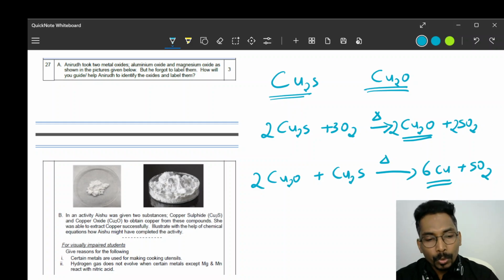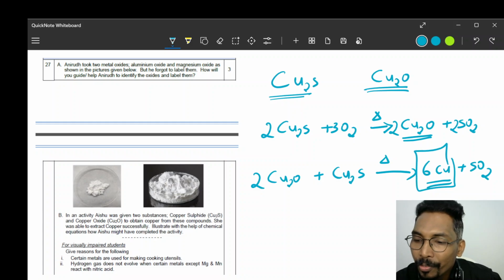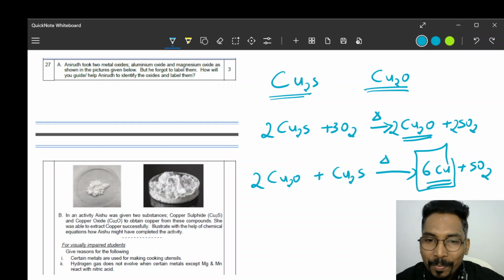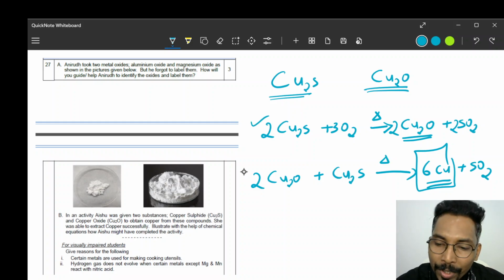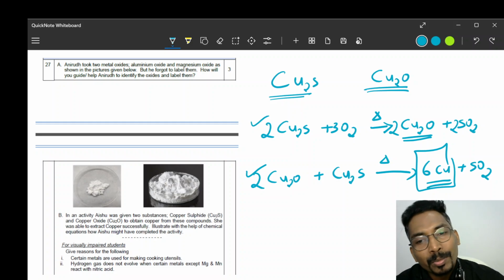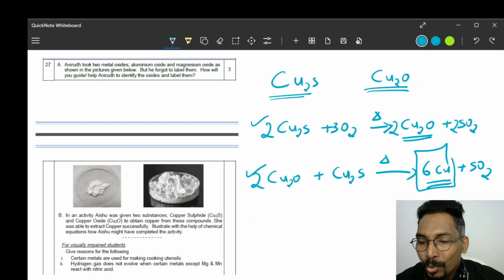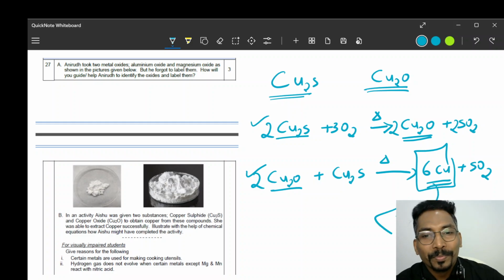Now pure copper is extracted, pure copper is separated. So these are the two equations you have to mention in this particular answer. Using copper sulfide and copper oxide, we can extract pure copper. Clear?